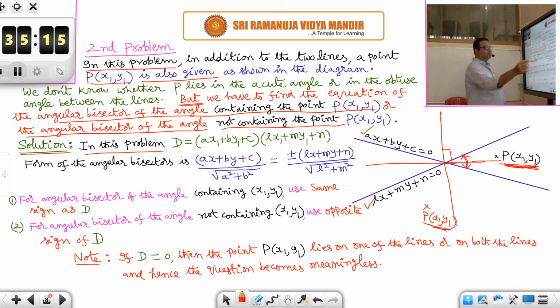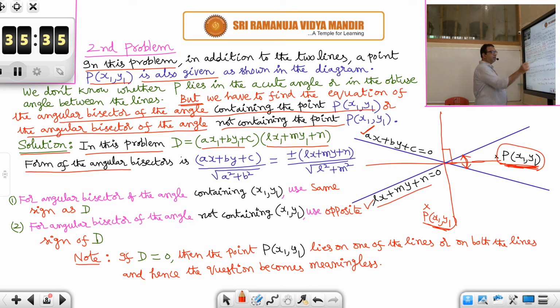That means the point x1, y1, whatever point is given, we have to substitute it in the first line, and we have to substitute it in the second line, and we have to multiply them both. That is the discriminator.